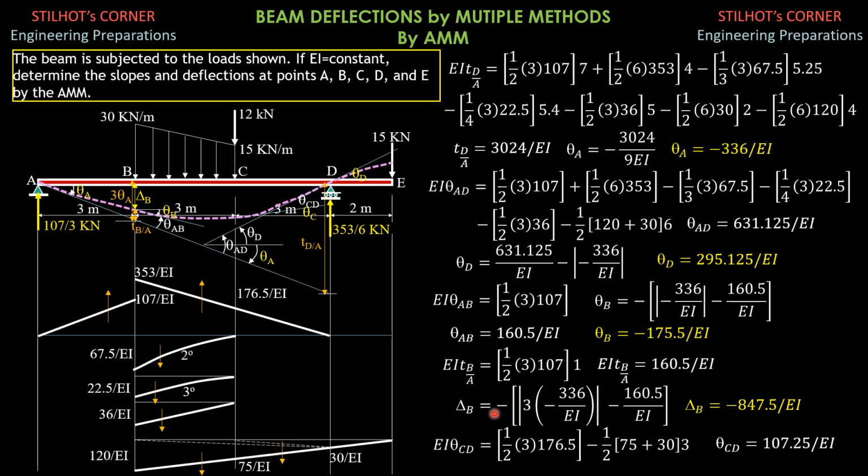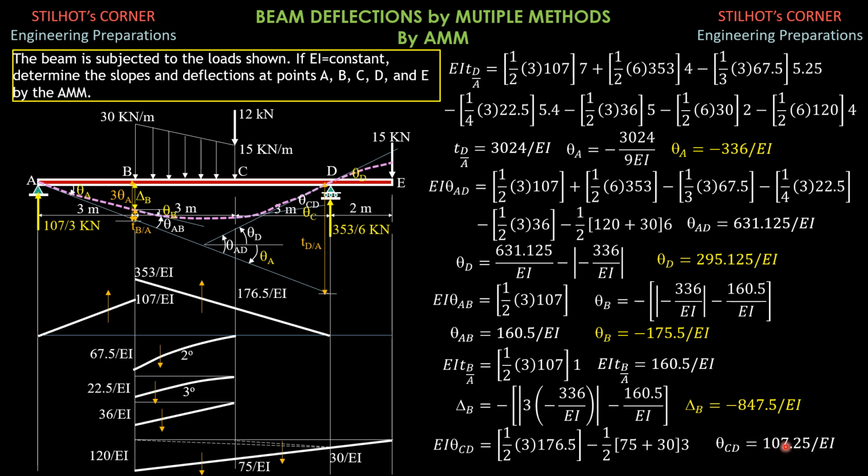So therefore, EI theta CD is equal to 1/2 of 3 times 176.5 minus the area of this trapezoid, 1/2 of the quantity 75 plus 30 times 3. And theta CD is 107.25 over EI, positive again.